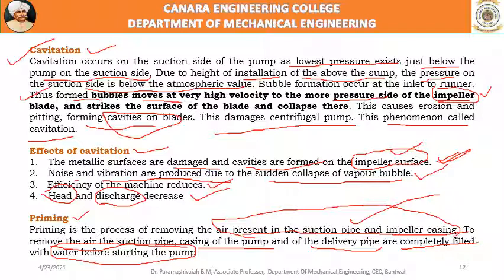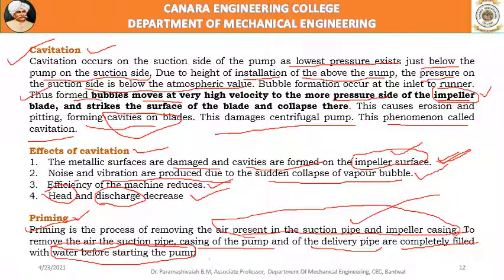Okay, you might have observed that in case of centrifugal pumps, before starting, they fill the suction pipe and pump everything full of water, so that we remove the air bubbles present in that. When you fill the water, all the air bubbles will come out. Then it becomes easy for the pump to pump the water.